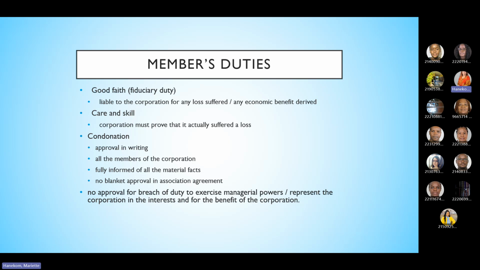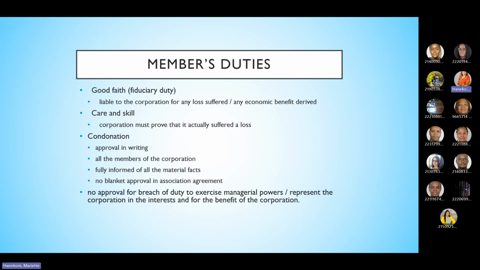A blanket approval, that's the term that we use to describe a general approval, a clause in an association agreement stating that the corporation will always condone breaches. No members will ever be held liable. That would be invalid in an association agreement.